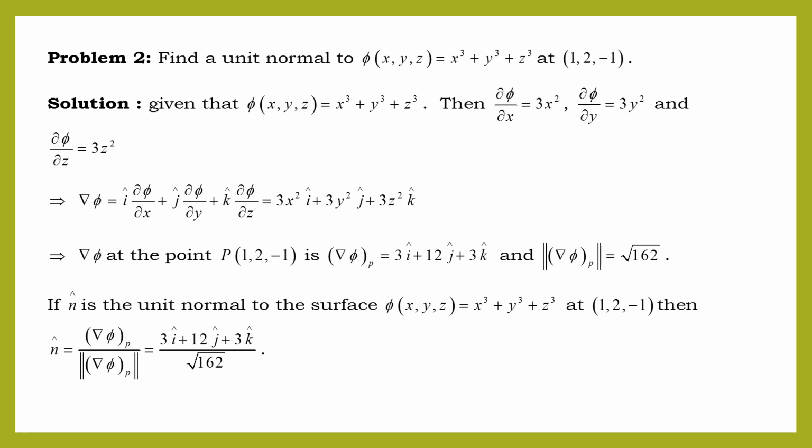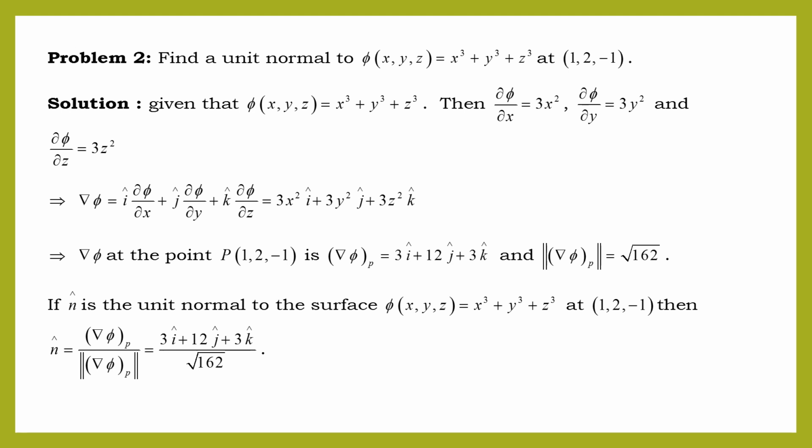Before finding the gradient, we need to find its partial derivatives, dou phi by dou x, dou phi by dou y and dou phi by dou z. Dou phi by dou x equals 3x square, dou phi by dou y equals 3y square and dou phi by dou z equals 3z square.